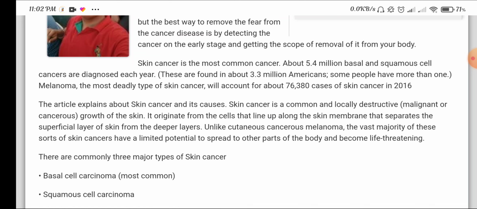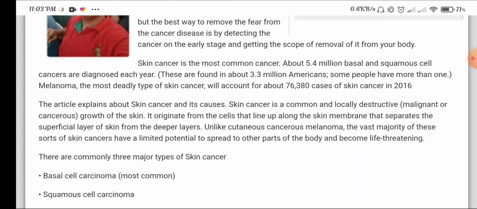The article explains skin cancer and its causes. Skin cancer is common and locally distributed. Malignant cancers grow on the skin. It originates from the cells that line the membrane that separates the superficial layer of skin from the deeper layers.